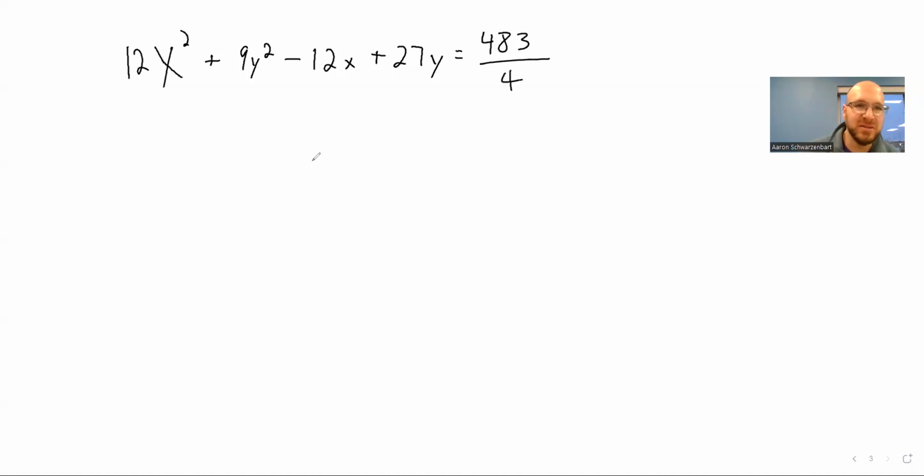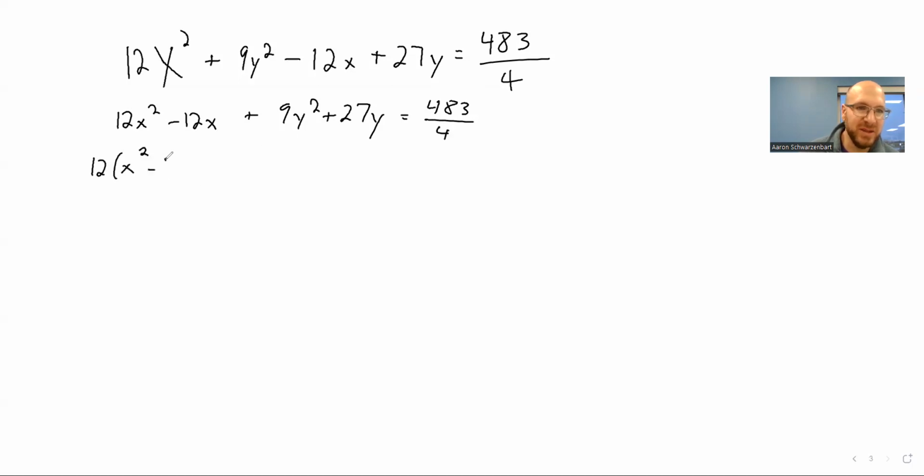And you'll see why I chose that number in a second. So first thing, I gather my x's together. Now I'm going to factor out the 12 from the x squared. The x squared and the y squared will have to have a leading coefficient of 1. I'll leave some room to put my magic number in.